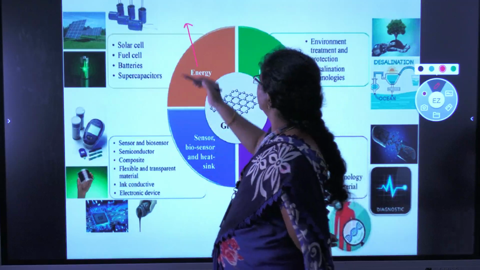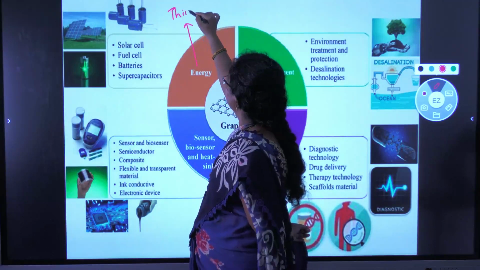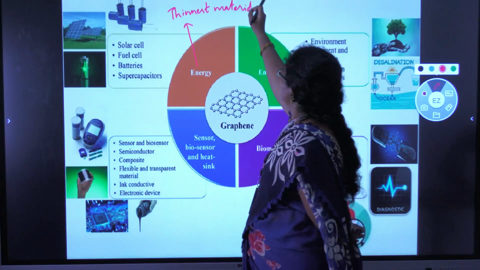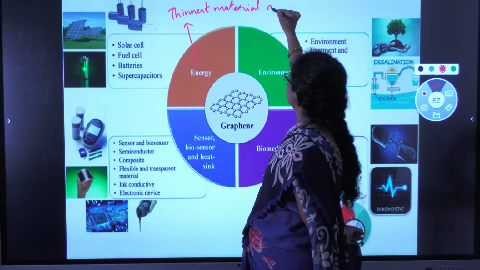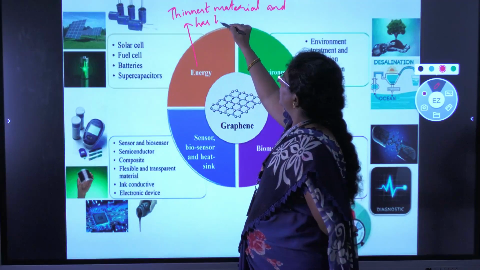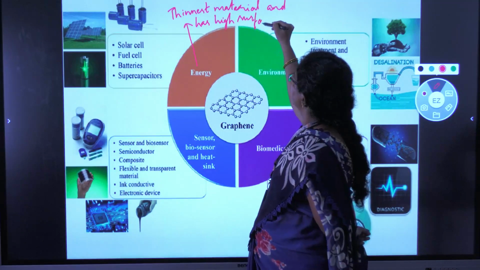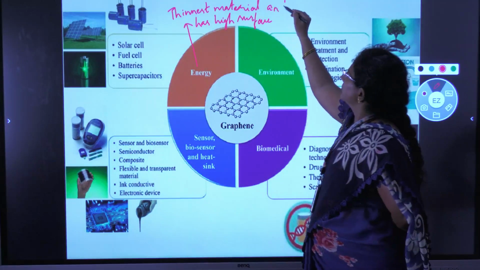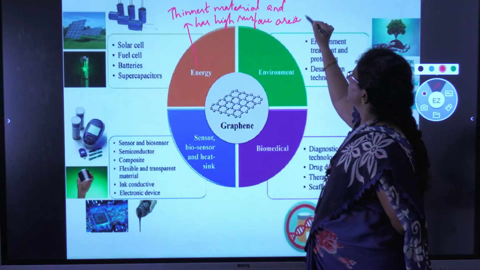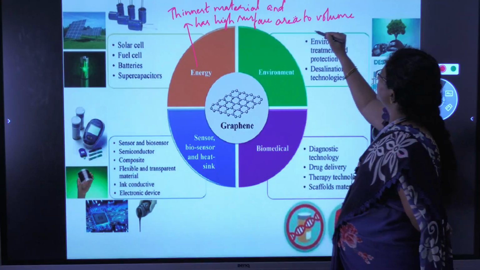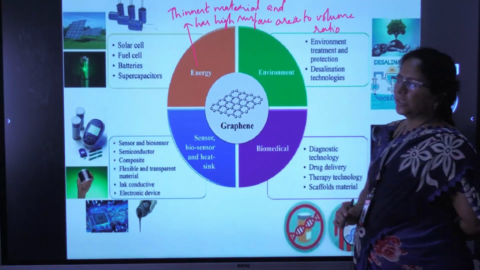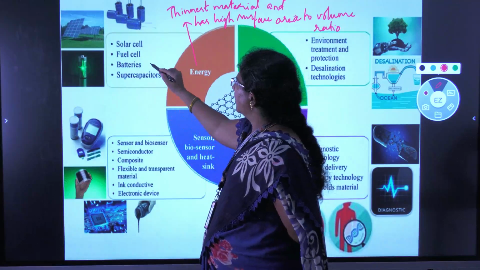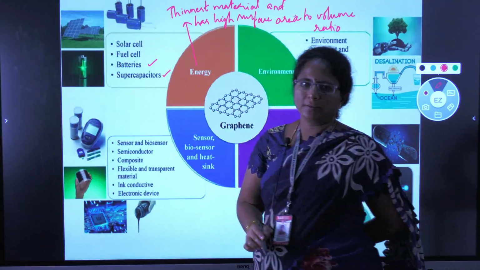As graphene is the thinnest material and has high surface area to volume ratio, that is the reason why graphene can be used as a promising material in batteries and supercapacitors.